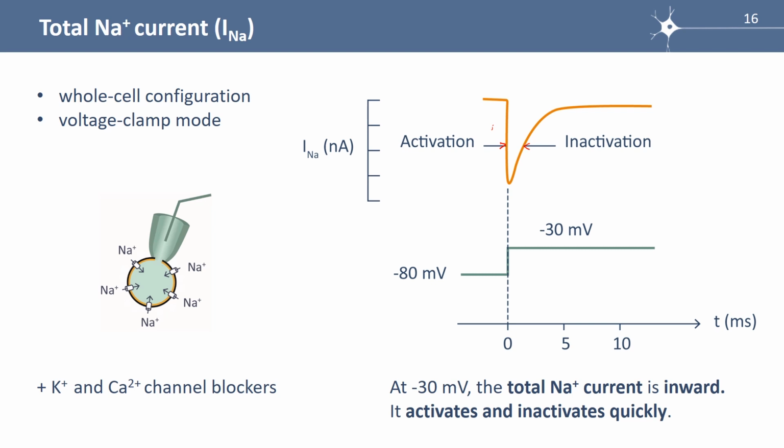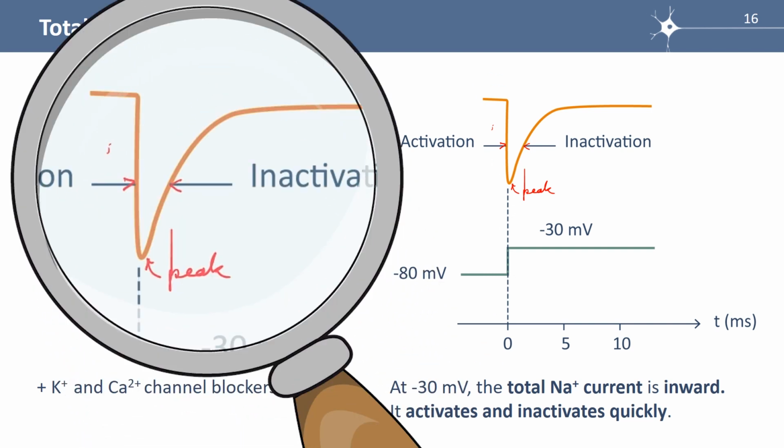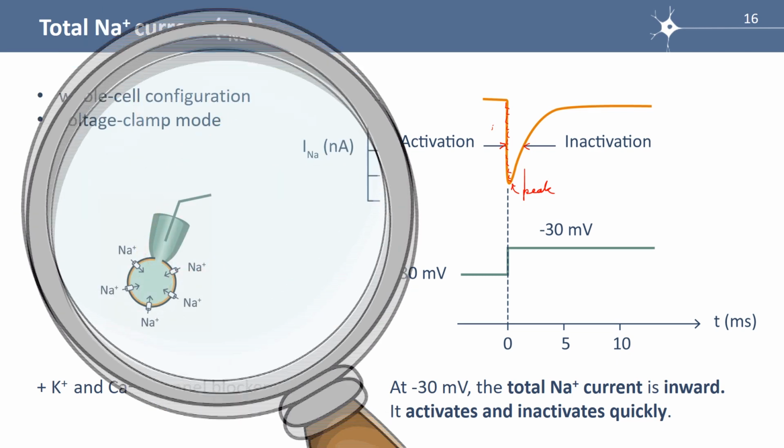And you have a rising phase, though it's negative, we call it a rising phase, up to a peak, and then a decay phase. Why? Because the rising phase represents the openings of the different sodium channels. They are not always at exactly the same time, so if you sum all the openings with a variable delay, you have the rising phase, which is quite sudden, but not completely a straight vertical line, because it takes some time for all the channels to open.